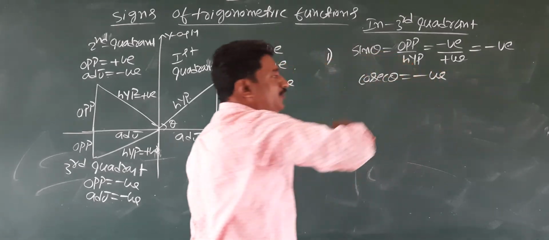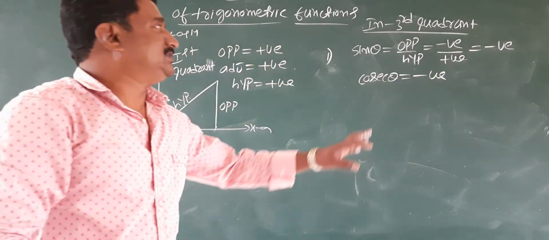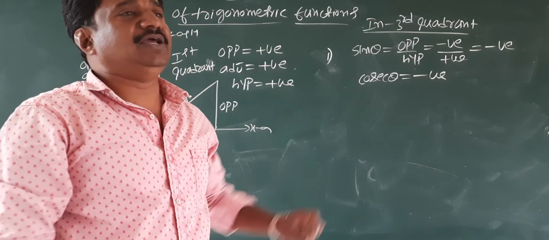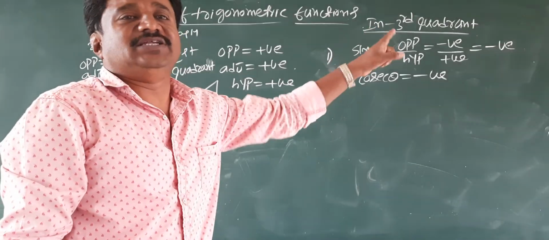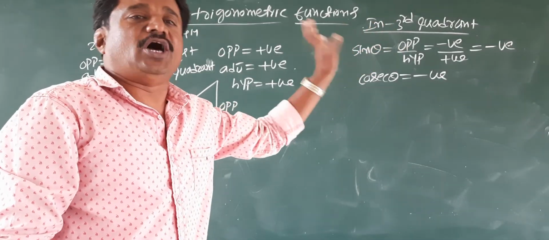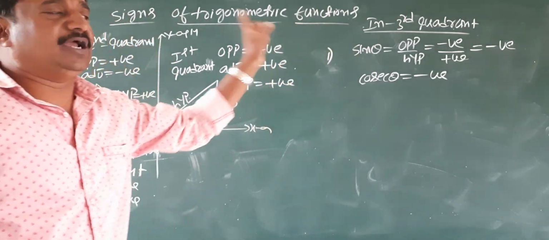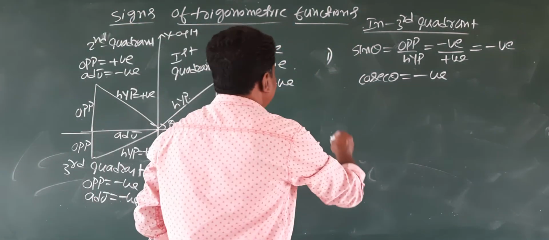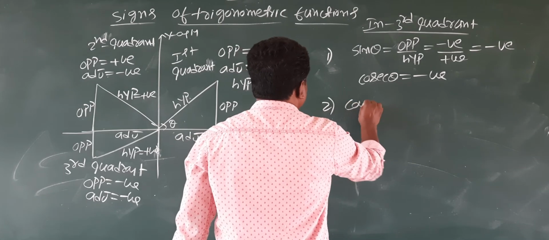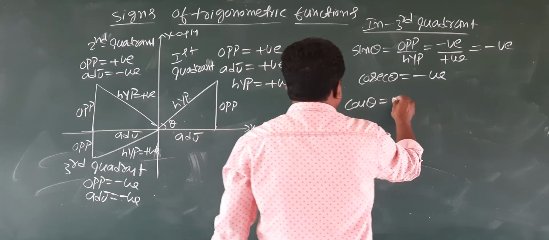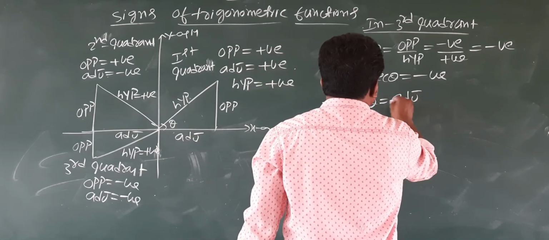The reciprocal of sin theta is cosec theta. If sin theta is negative, its reciprocal should also be negative. Second one, cos theta. Adjacent by hypotenuse.